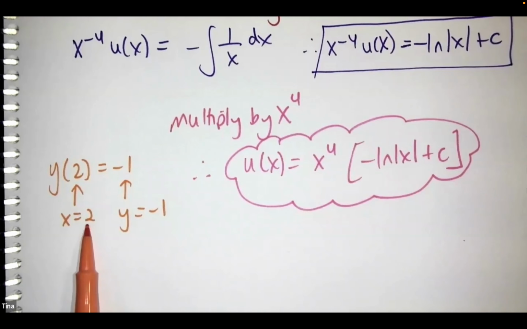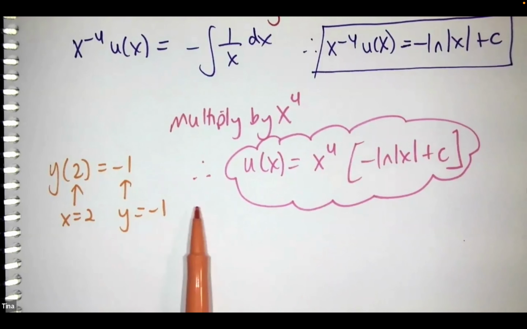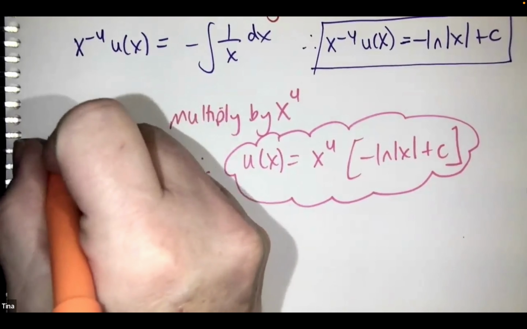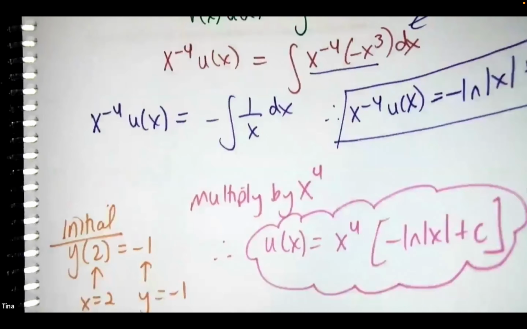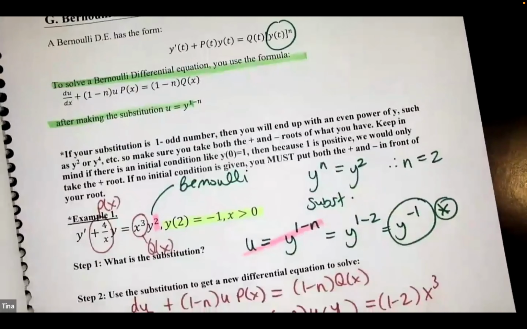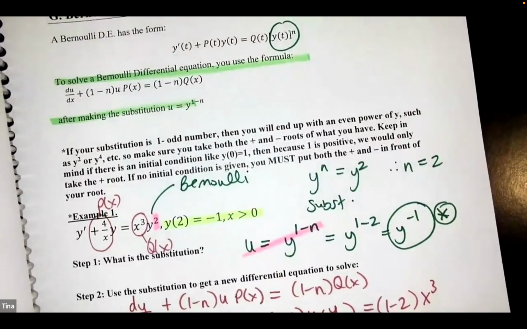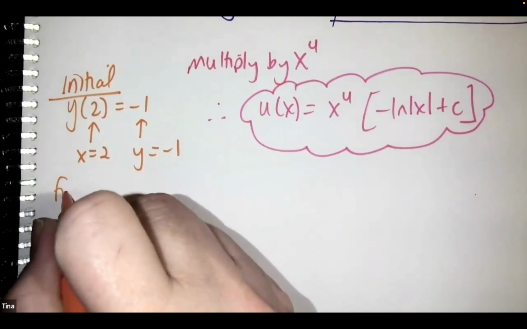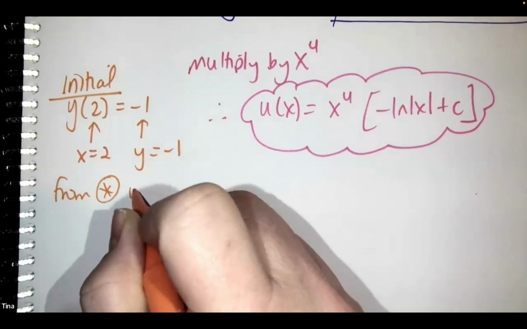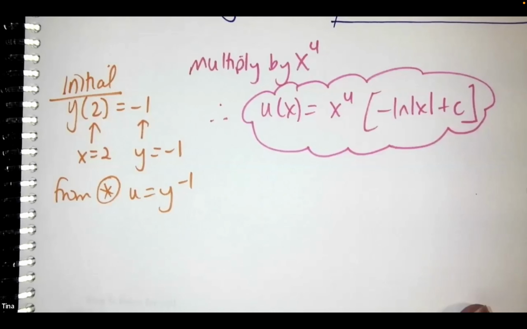So just make sure you don't put this in for x and u, right? Because it's really x and y that we have in the initial condition. So remember, our u was what? My u was y^-1, right? So from when I started, u is y^-1.